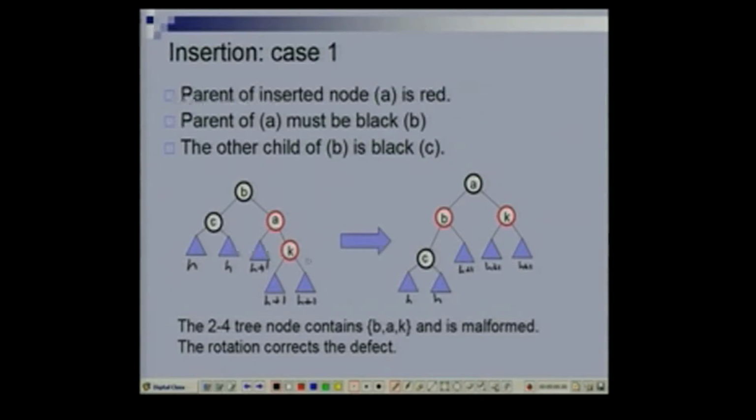Okay. Now, what does this correspond to if I were to think of this as a 2-4 tree? If I were to think of this as a 2-4 tree, then that means that I have a node which has these 3 keys in it, right. It had earlier B and A in it, keys B and A. This was another node.